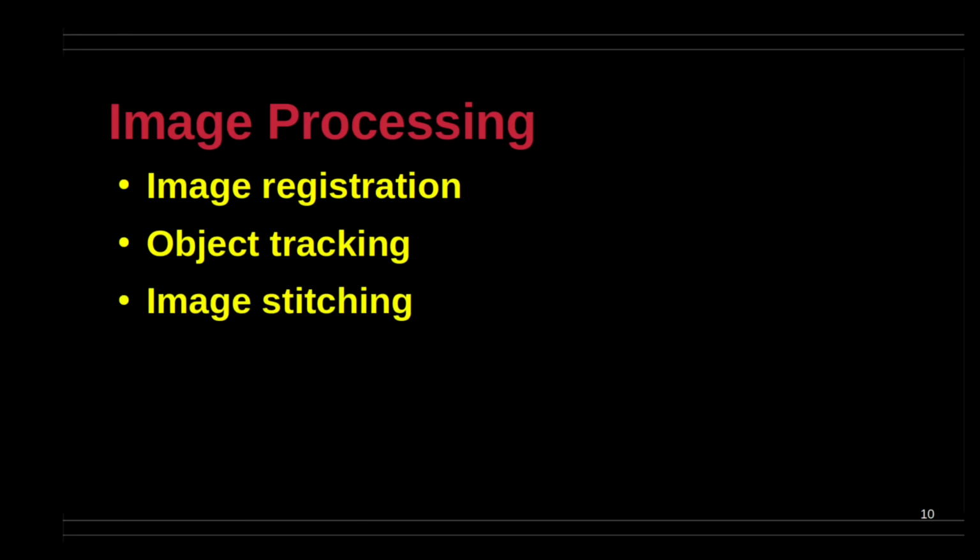In image processing, some of the applications for translation during image transformation may be applied to image registration, object tracking, and image stitching. In image registration, aligning multiple images by translating one or more of them.